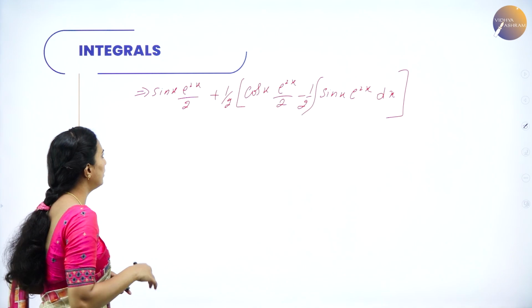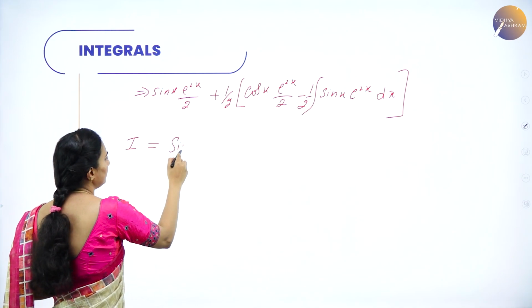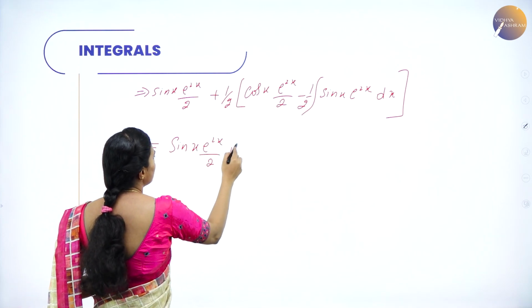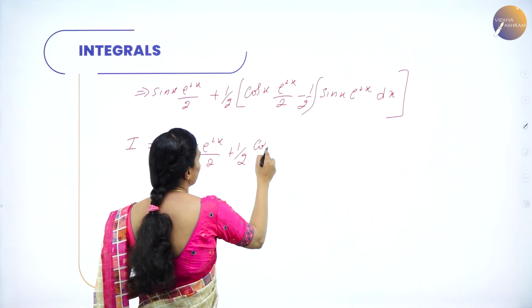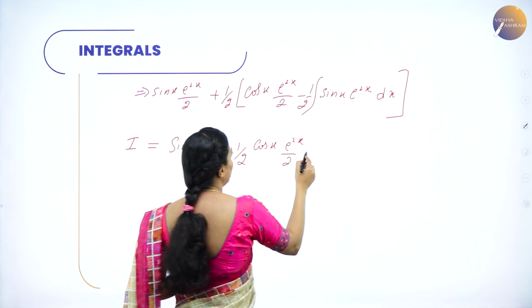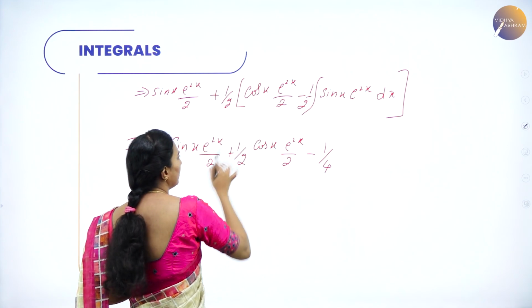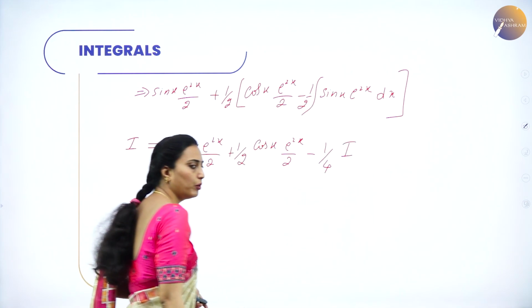Left hand side will be I, so therefore I will be equal to sin x into e power 2x divided by 2 plus 1 by 2 into, multiplying 1 by 2 inside, cos x into e power 2x divided by 2, and 1 by 2 into 1 by 2 is 1 by 4, correct, multiplying inside, into what is this? I have called it I. I hope you are getting it.